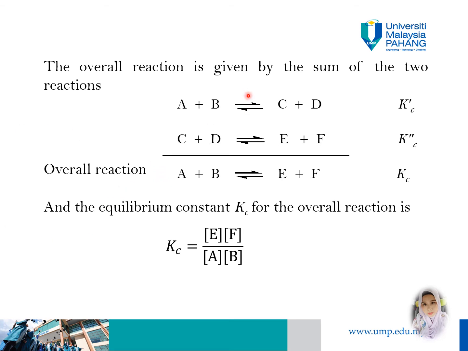So the overall reaction is A and B producing E and F. C and D cancel here, and the equilibrium constant for the overall reaction is equal to Kc, the concentrations of E and F divided by the concentrations of A and B.